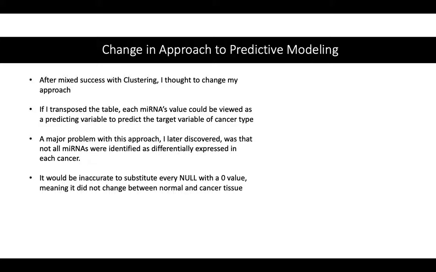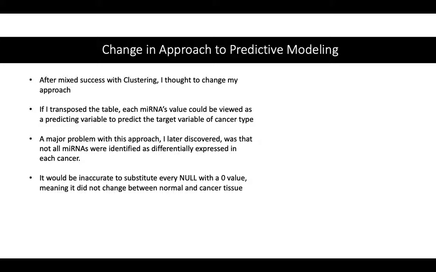So I took a different approach to analyzing my data after having mixed success with clustering. I thought that if I transposed the table, each microRNA's value could be viewed as a predicting variable to predict the target variable of cancer type.